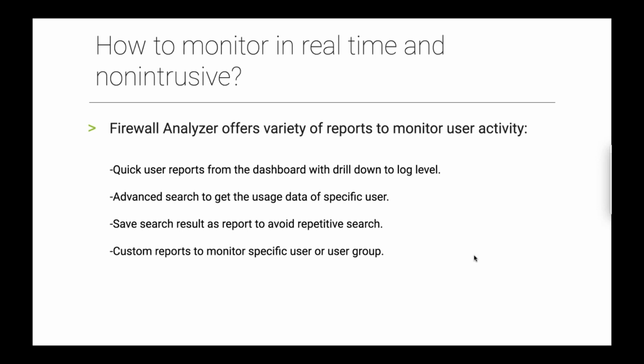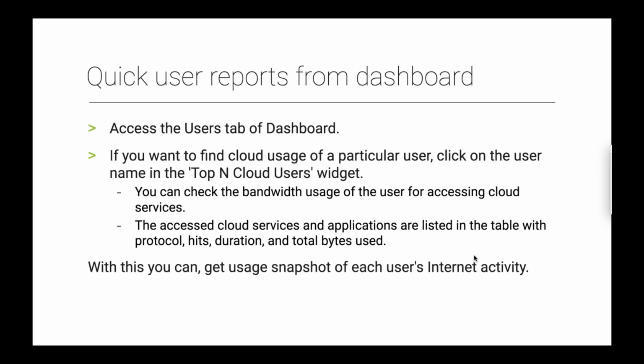These report profiles can also be exported as PDF or CSV or can be scheduled from time to time. You can also customize some reports based on your requirement to monitor a specific user or a group of users or group of IP addresses or group of protocols. We can customize that. So we will talk about customizing reports and search result reports in detail going forward in this presentation.